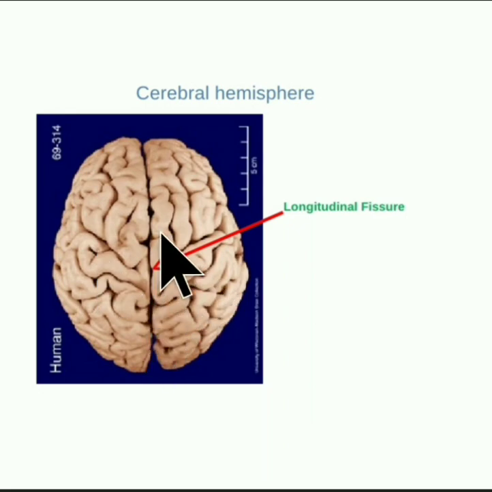A deep median cleft, the longitudinal cerebral fissure, incompletely separates the two cerebral hemispheres, and in the lower part they are connected by the corpus callosum.